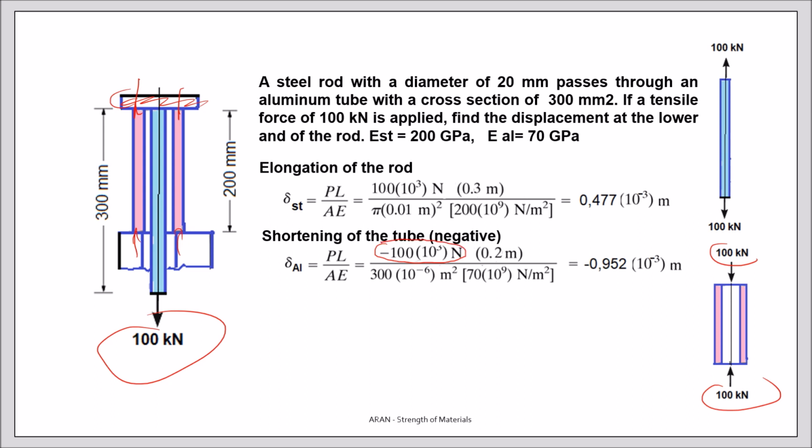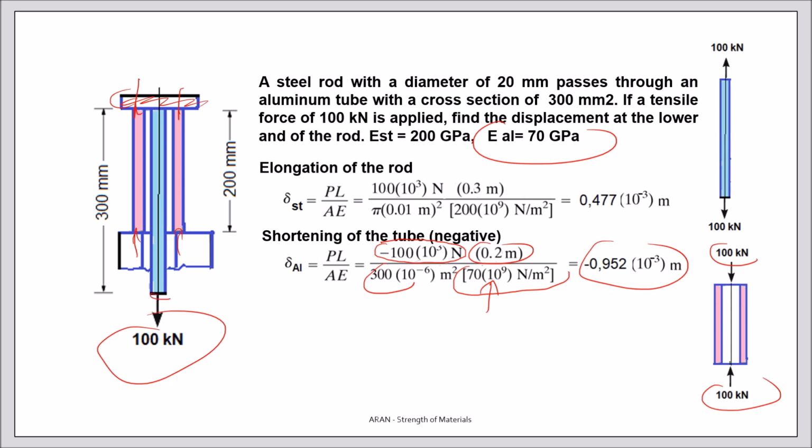So again, we put the tube's, let's say, length, area, and the tube is aluminum, so it has a different E value. The calculation shows me that it will be shorter by 0.952 10 to the minus 3 meter.